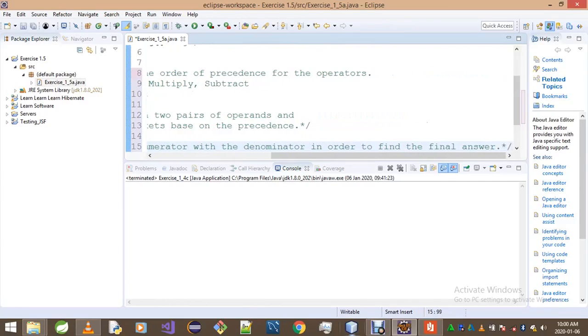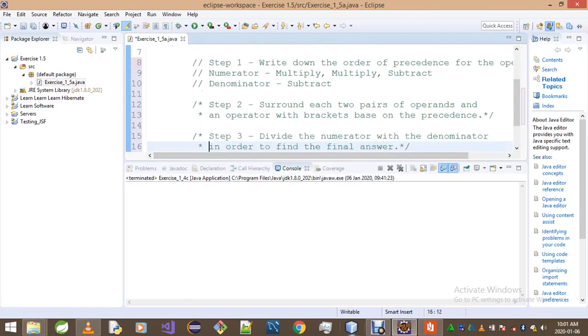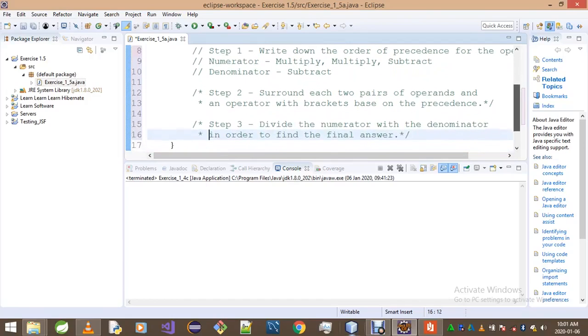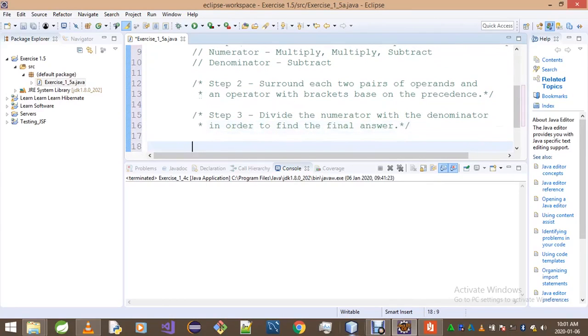This is also a long comment, so I'm gonna make it a multi-line comment. So this is how we're gonna go about doing this. We're gonna deal with brackets first.